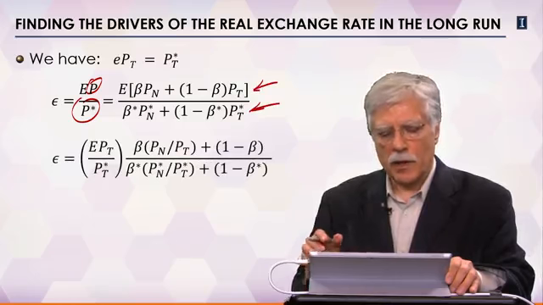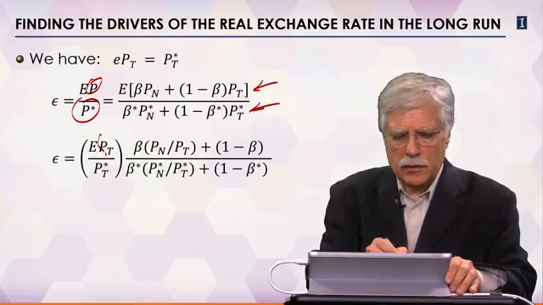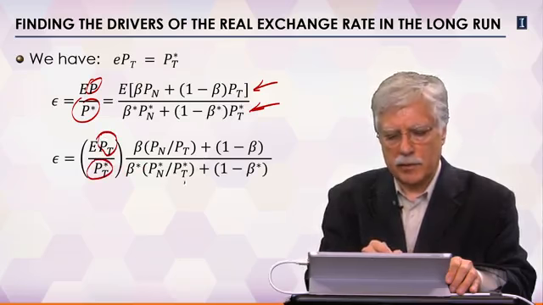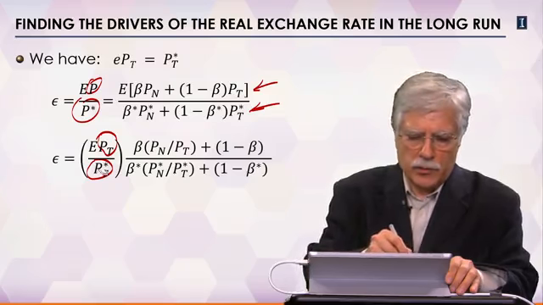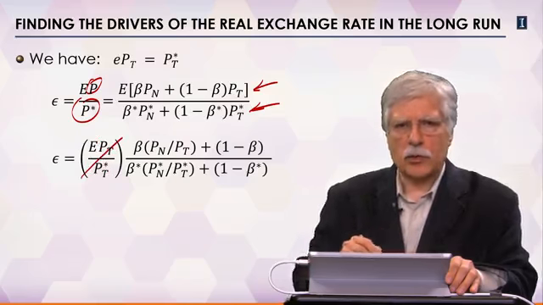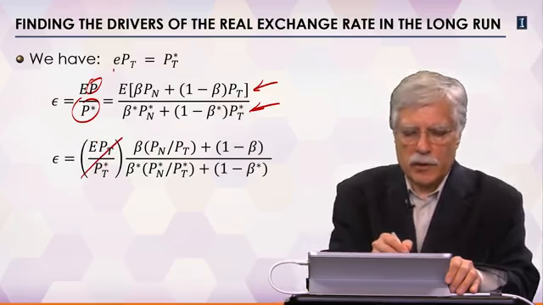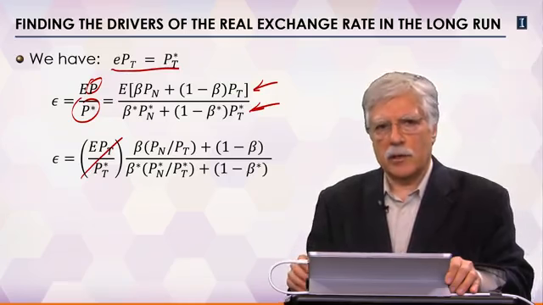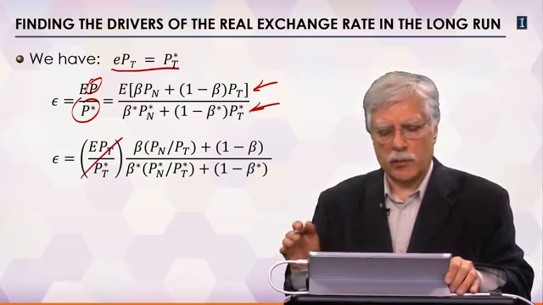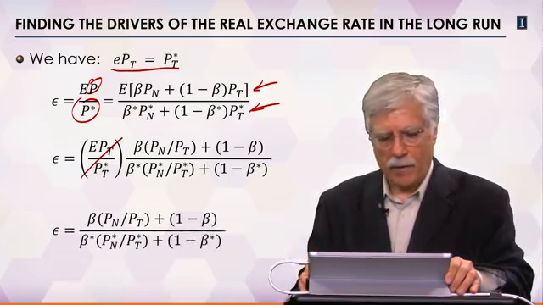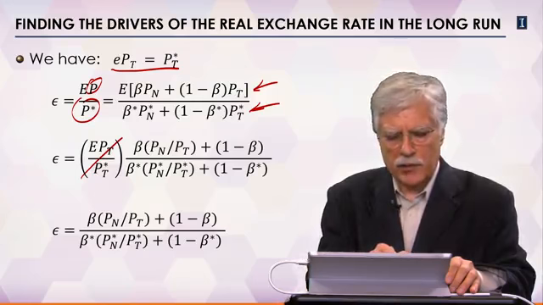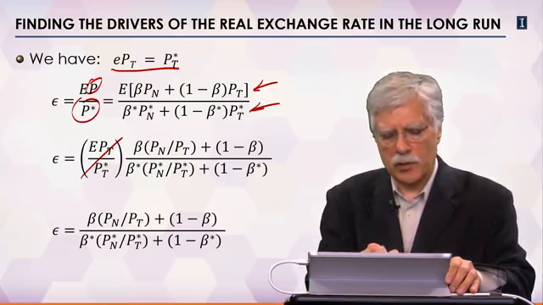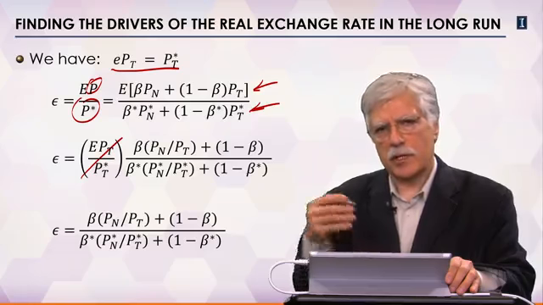Now, let's factor out PT from the numerator and PT star from the denominator. The reason I'm doing this is that this whole ratio is equal to 1 because of the assumption we made about the purchasing power parity holding for tradable parts of the products. So what we have here is epsilon equal to beta times the ratio of non-tradable prices to tradables plus 1 minus beta, and a similar expression for the foreign country.